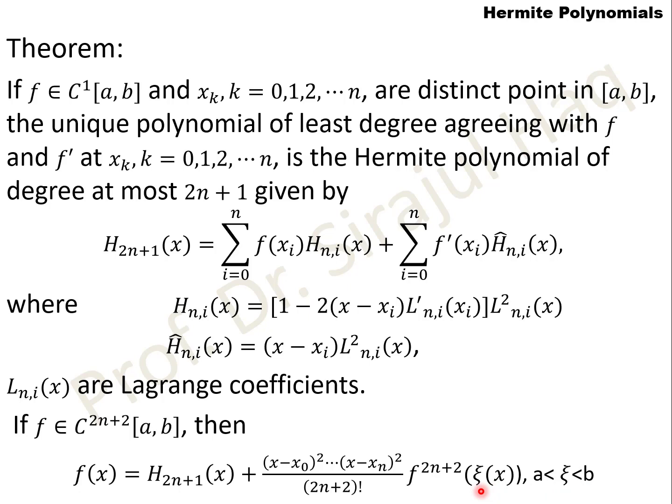We don't know the explicit relation for xi, which you already know. This is a kind of critical point when you are approximating the absolute maximum value of this function, and this can be used for computation of the upper bound of the error when you are approximating the value of a function at a particular point.